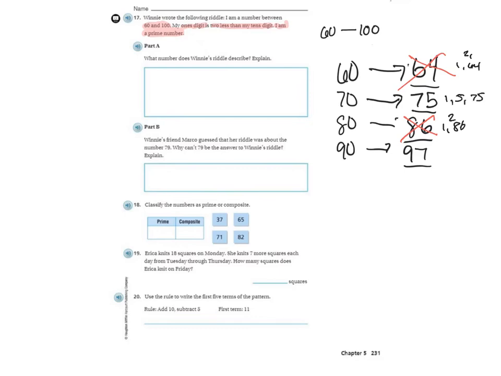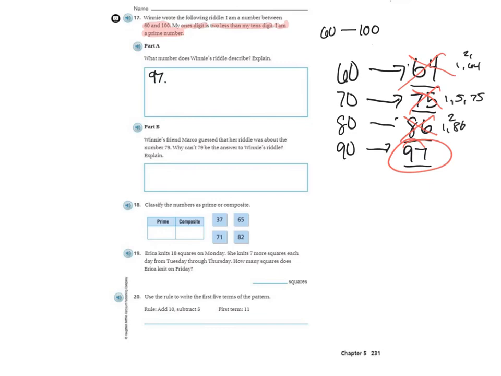So I have more than 2 factors. And then by process of elimination, that just leaves 97. So even if you didn't know 97 is a prime number, well, now you do. It's a prime number. 97 is her answer, and then you have to explain. So this is where you just have to walk me through what you just did.